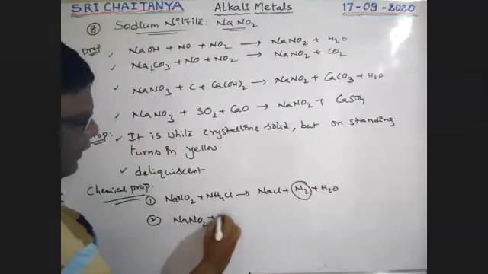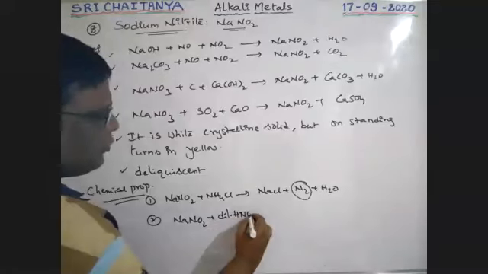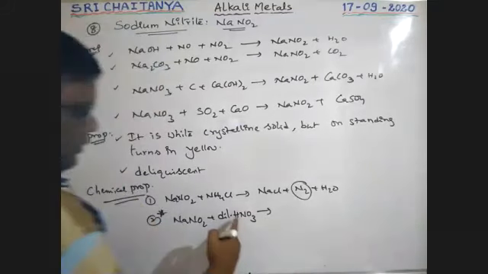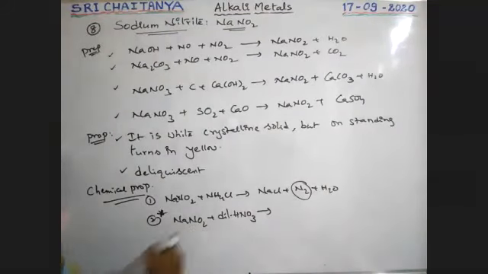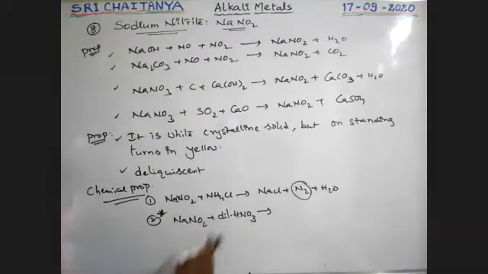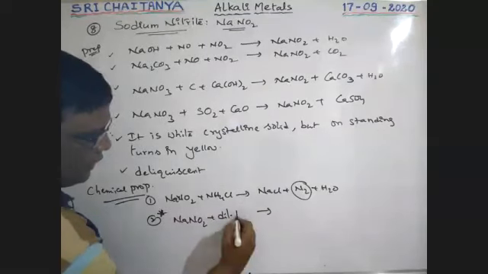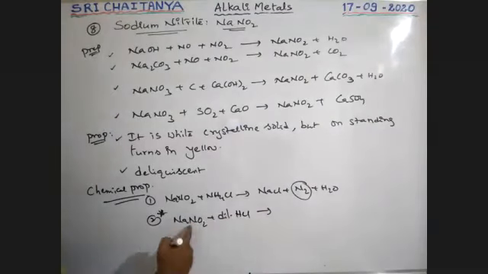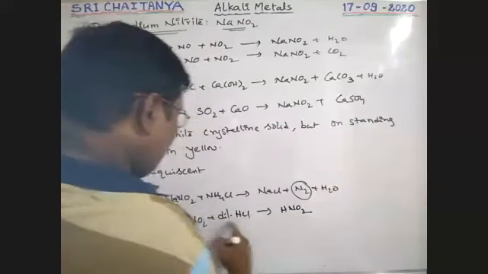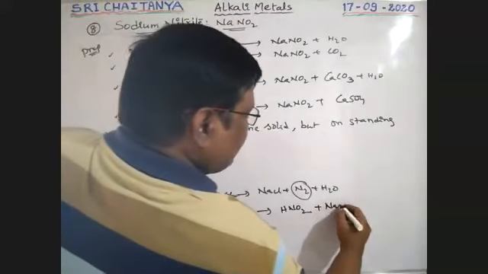Next, when NaNO2 reacts with dilute HCl, sorry, it is HCl, not HNO3, that gives HNO2 plus NaCl as the products.